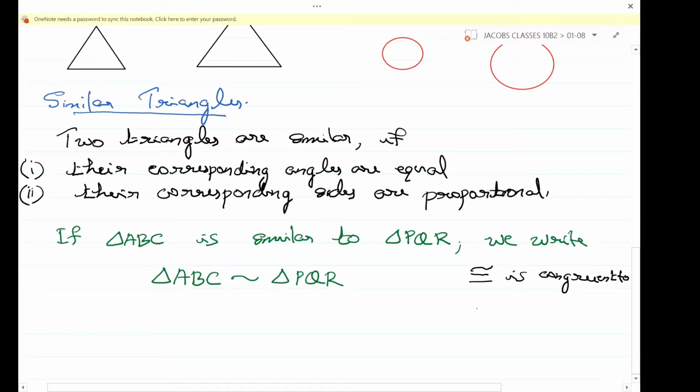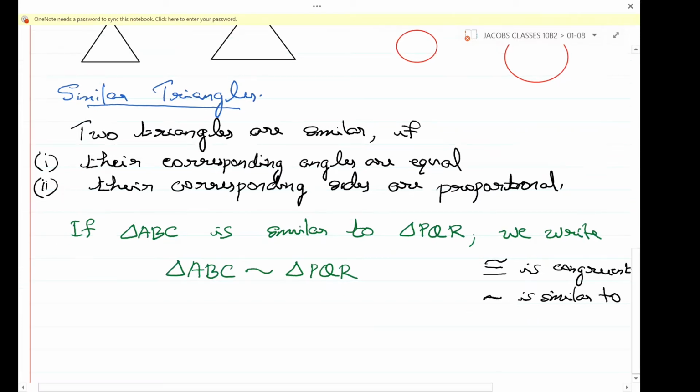This we have studied already, but if only this one, it is similar to. The first one is for is congruent to, so that equal to part is not there. The sign on top of equal to you can see, that one alone is for is similar to. Okay, so how to read this? Triangle ABC is similar to triangle PQR.